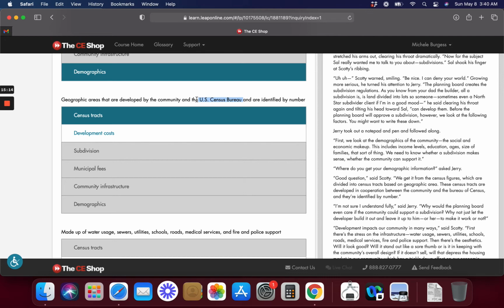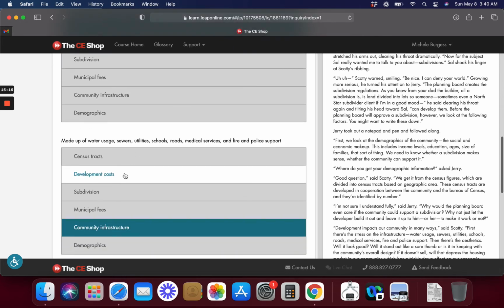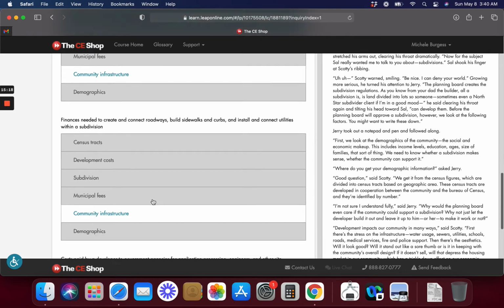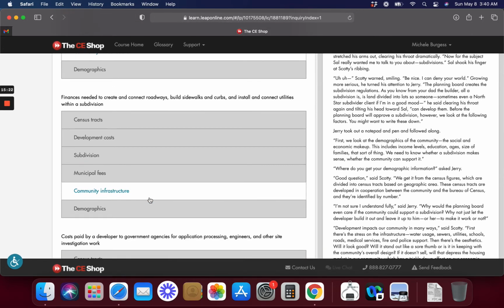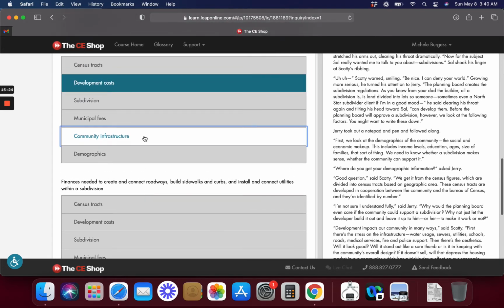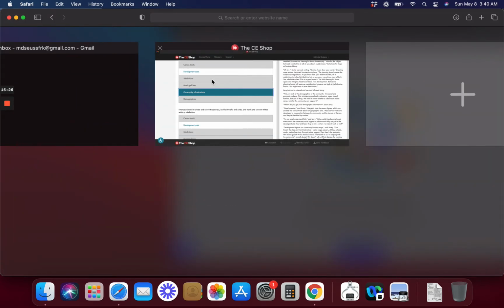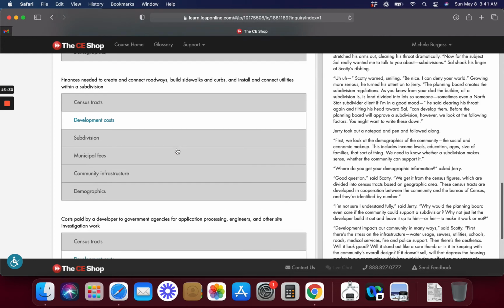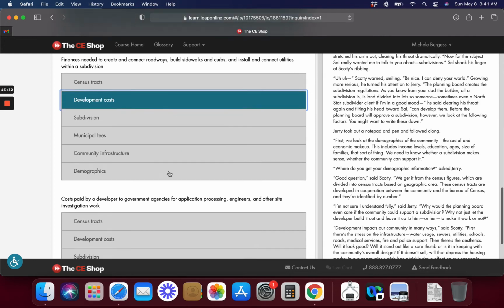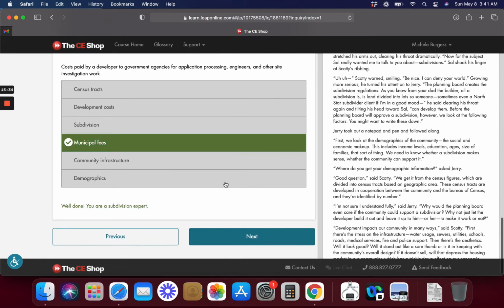So I guess that would be census tract, right? Okay. Development goals. Is that correct? I don't think that's correct. No. Whoops. Sorry about that. Okay. So I think that. All right. Let's see how we did on that.